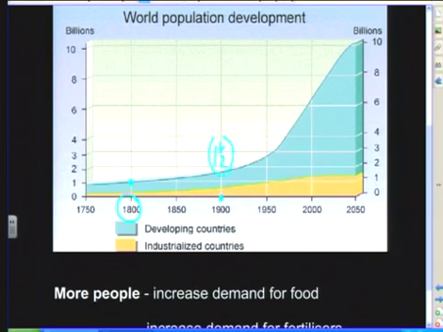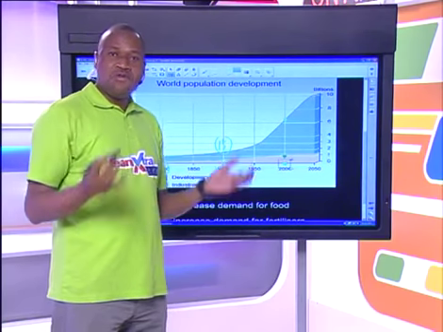But check the growth from 1900 to 2000. Again, another 100 years later, look at the growth. It grew so exponentially. The number has exploded.